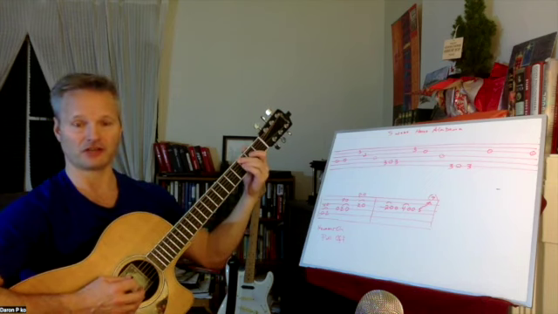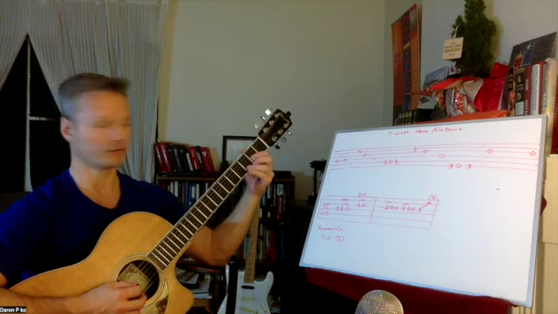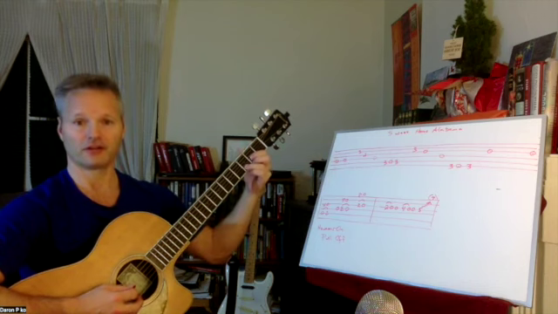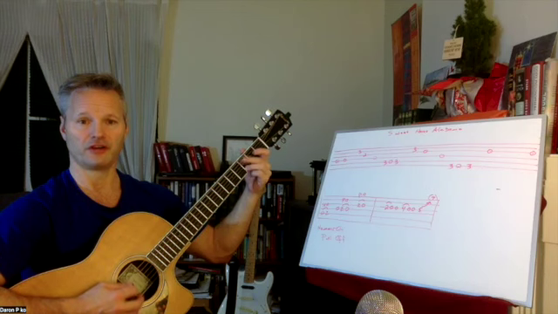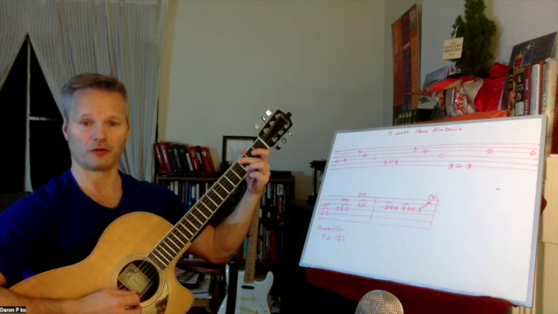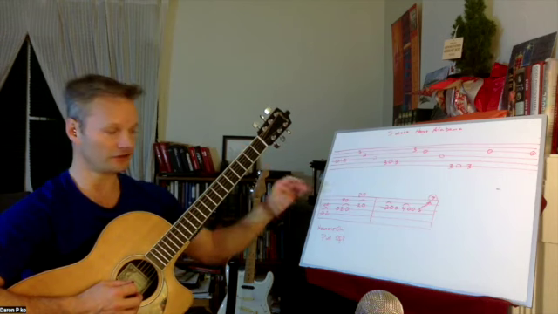Repeat that idea on G, 3 on the 6th string, open, 3 on the 6th string. So left to right, open, open, 3, 2, open, 3, oh, 3, 3, open, open 4th, 3, open, 3, open 3rd, last open 3rd there as we go into our riff.